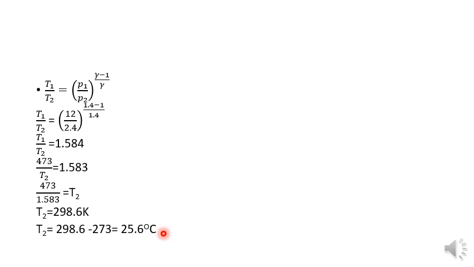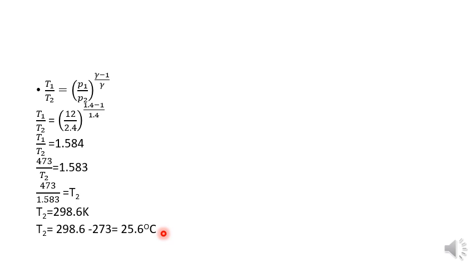So in the problem they gave the values of the initial pressure, final pressure and initial temperature, and they asked to calculate the final temperature. We all know the relations of P, V and T, but in this problem we have to write the relation of only T and P. So T1 by T2 is equal to (P1 by P2) whole power (gamma minus 1) by gamma is the relation between the temperature and the pressure.